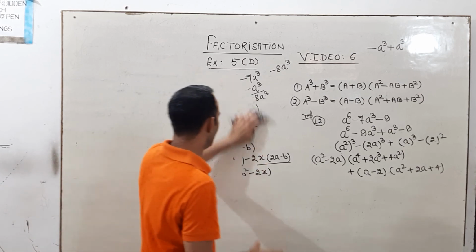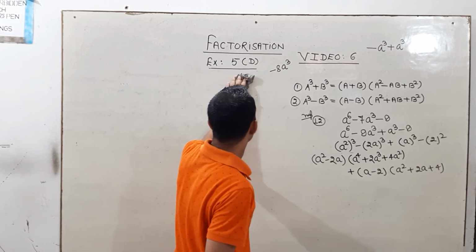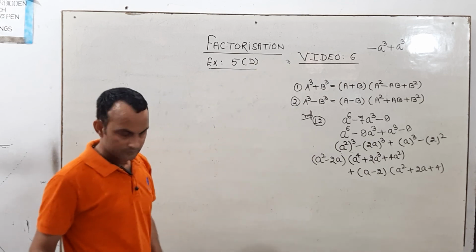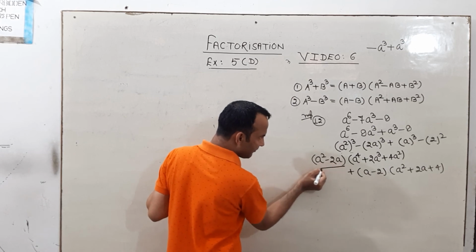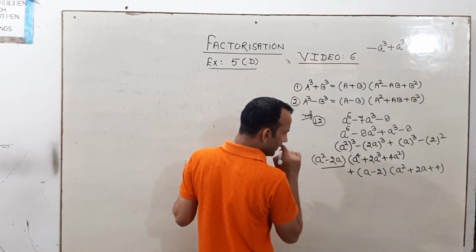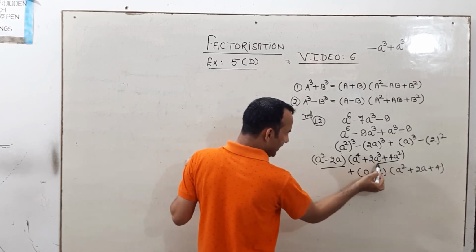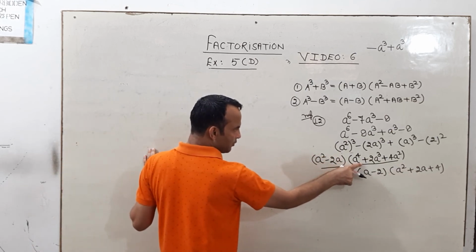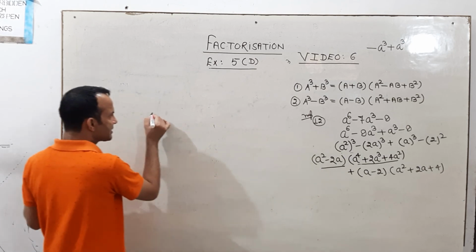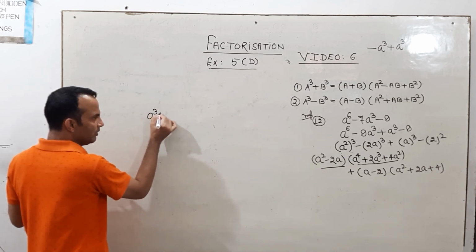आपके समझ में आ गया होगा क्या कर रहा हूं मैं. Now see, from this expression I can take common a, and from this expression I can take common a square. Means a square from this portion and a from this portion means a cube.